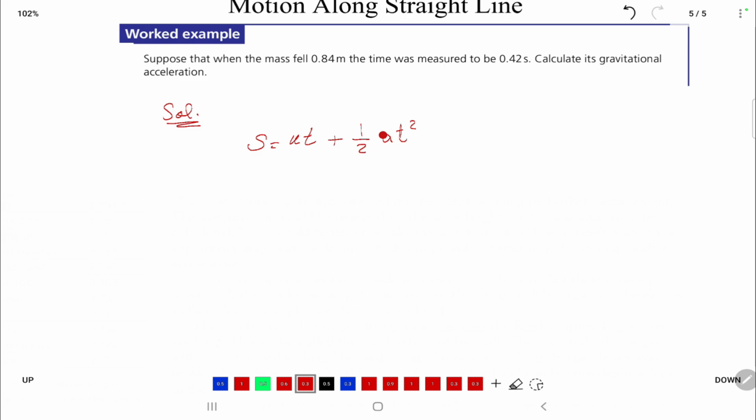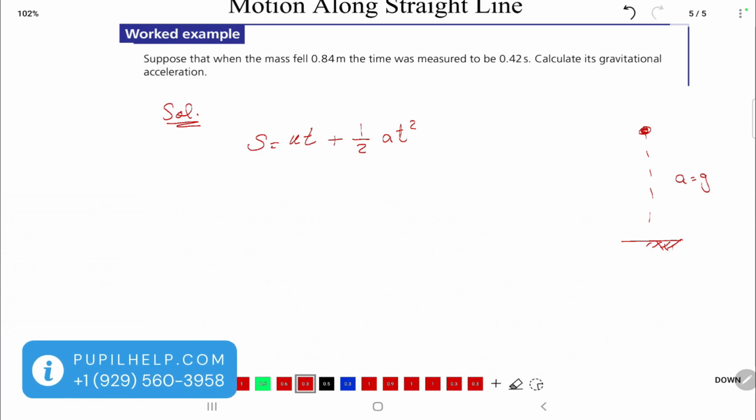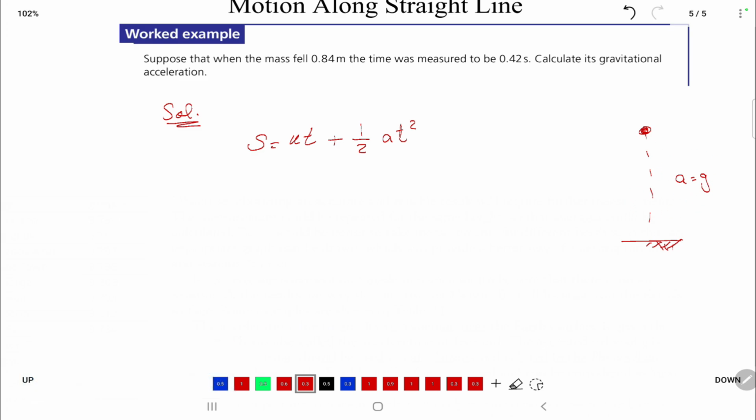Now, this one will be the gravitational acceleration. Why? Because the mass fell. When a mass falls to the ground, the acceleration is actually the gravitational acceleration because it is under the effect of gravity.